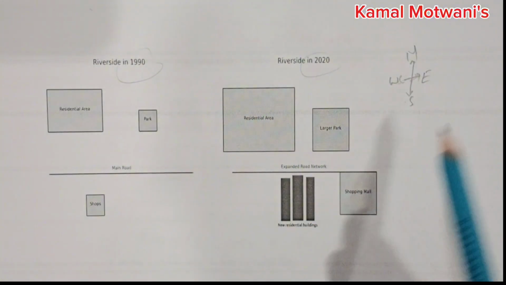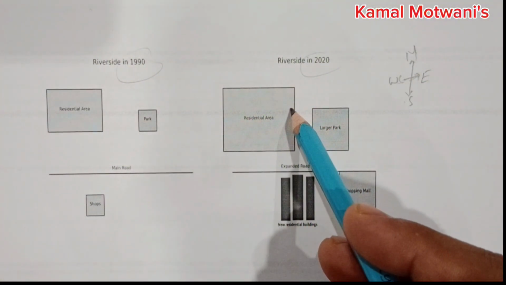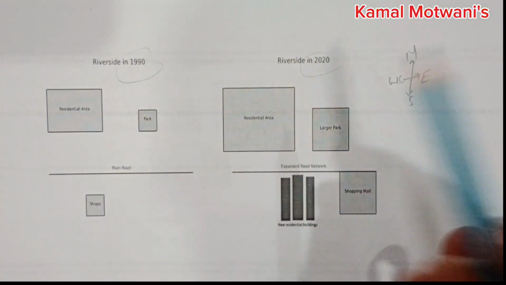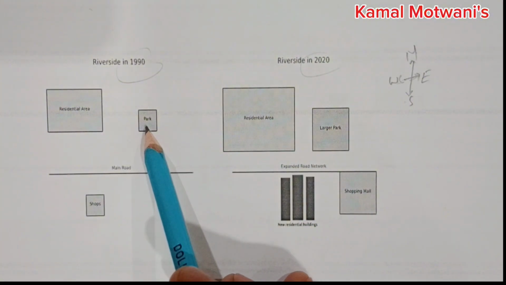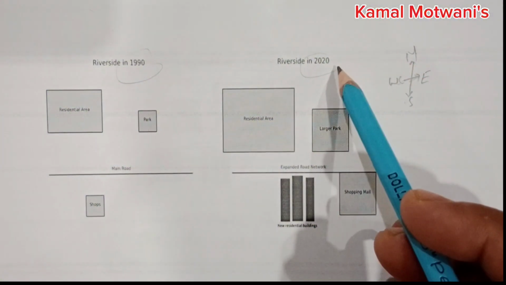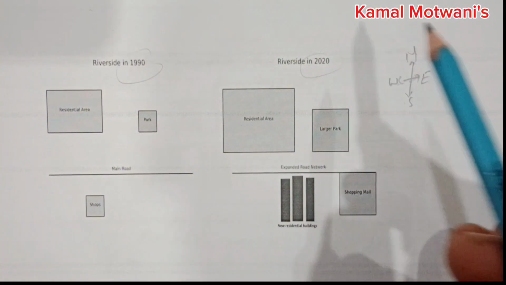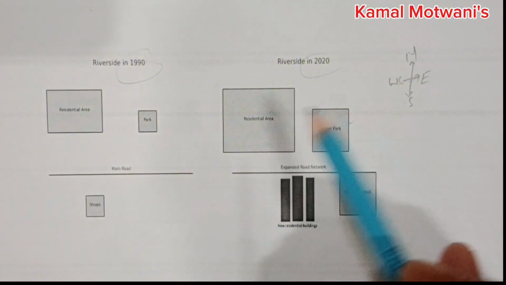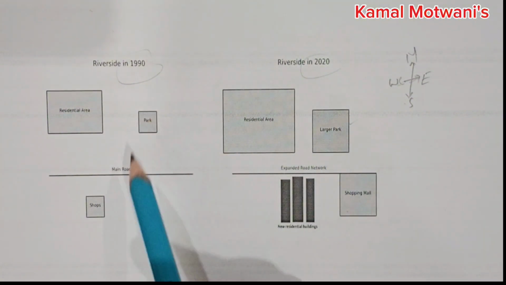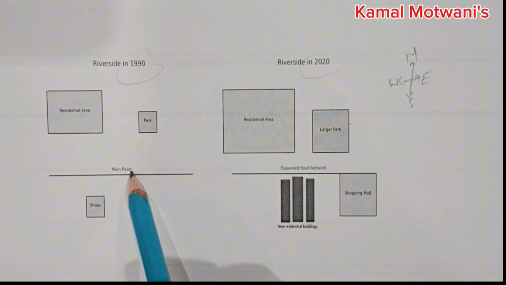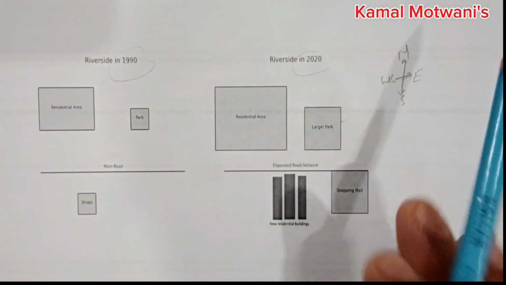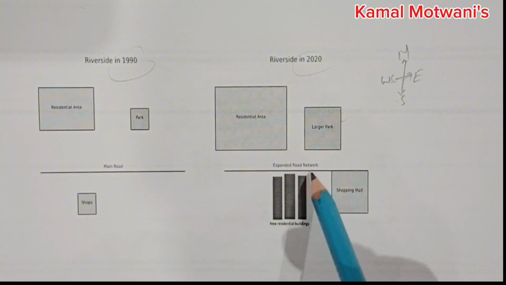However, in 2020 it was expanded. The residential area was much bigger. Then in 1990 there was a park, but after 30 years in 2020 there was a larger park. Then in 1990 there was the simple main road, but in 2020 it was an expanded road network. So it was a very big road.